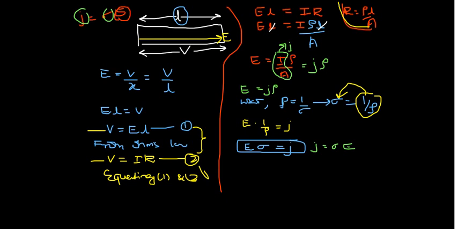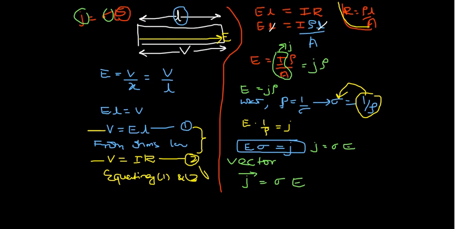Now I want to write the same thing in vector form. Current density is a vector quantity. Therefore, J bar is equal to sigma into E, where sigma is brought from resistivity.